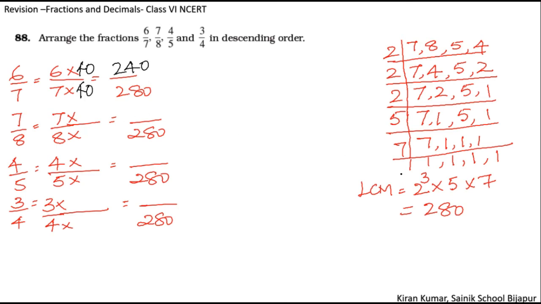Now there is 8. 2 cube is 8. So 35 has to be multiplied. So 35 times 7 is 245. Now 5 is there. So if we remove 5, 8 times 7, which is 56, is to be multiplied.